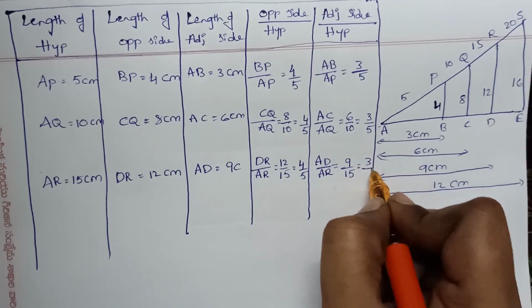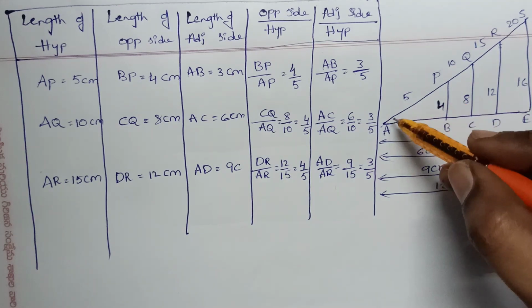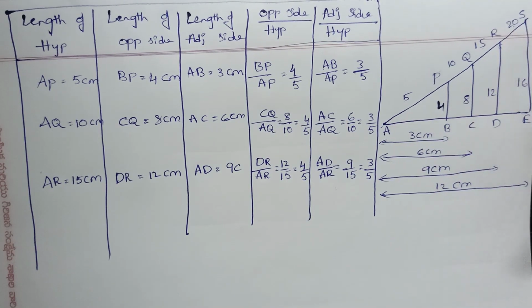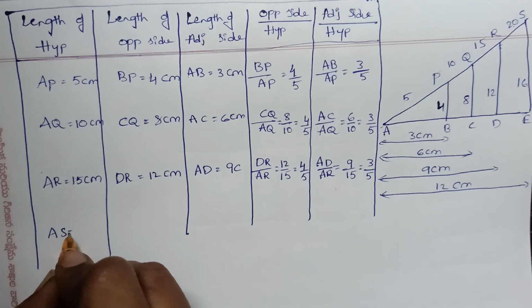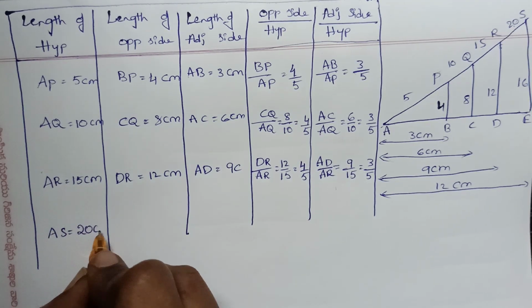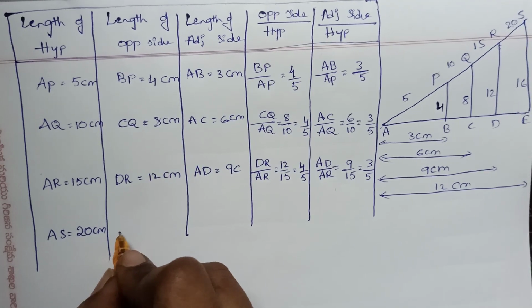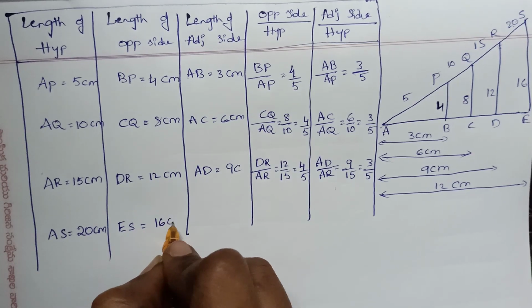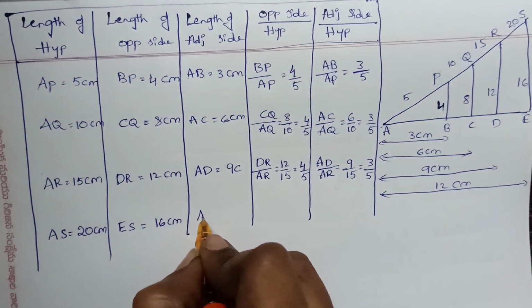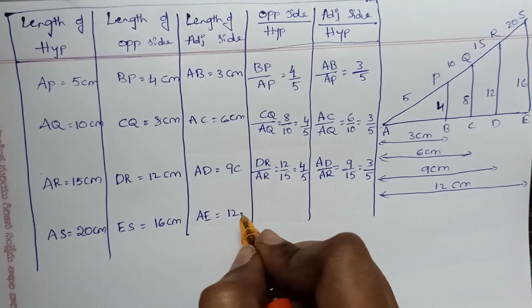And length of the hypotenuse AS is equal to 20 centimeters, and length of the opposite side is ES, that is equal to 16 centimeters, and AE is equal to 12 centimeters.